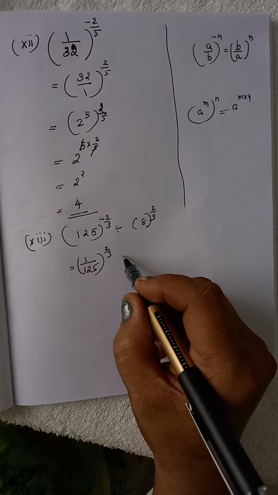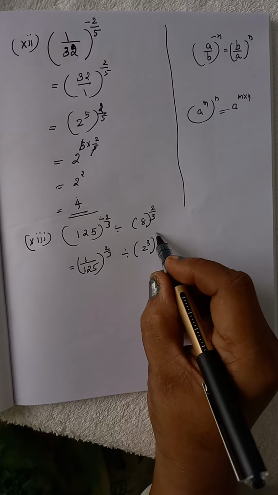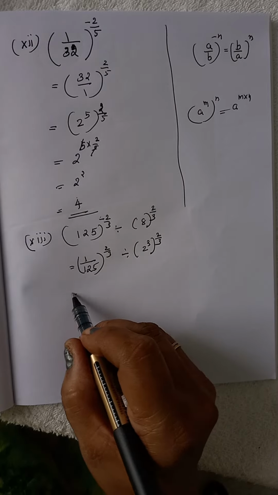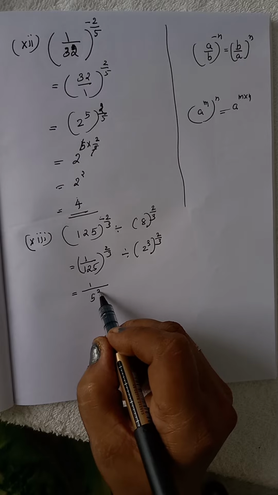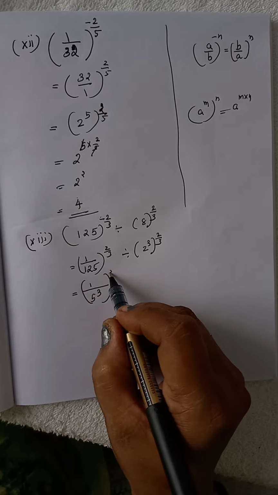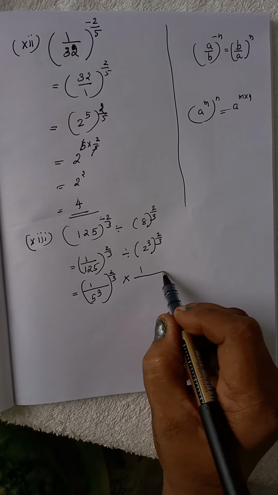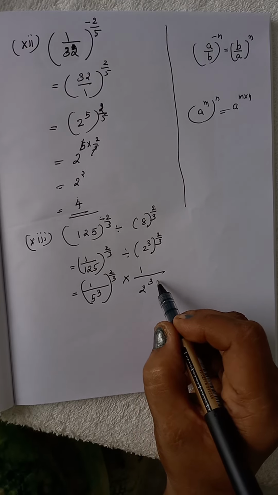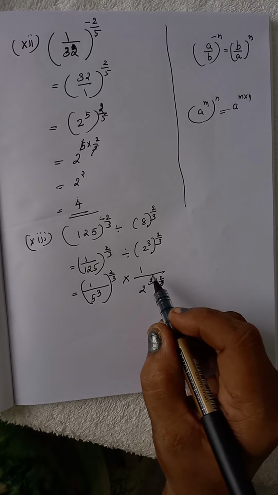So that divided by 8, which is 2 raised to 3, raised to 2/3. Now this is equal to 1 by 125, which means 5 raised to 3, raised to 2/3, into 1 by 2 raised to 3 into 2/3. Here 3 and 3 can be cancelled.